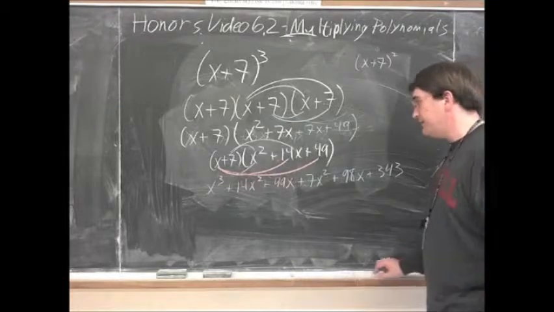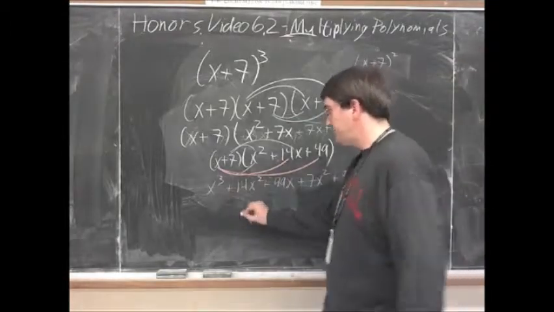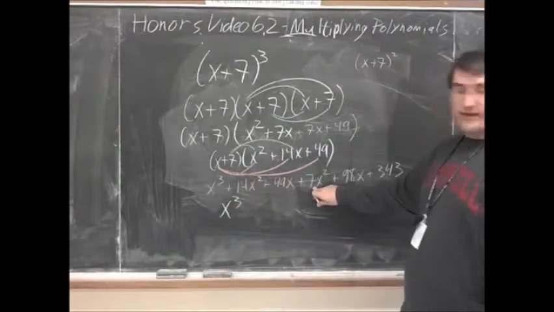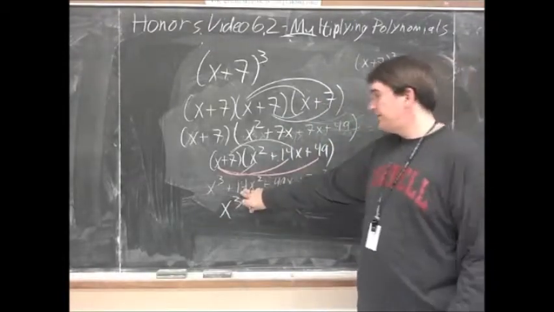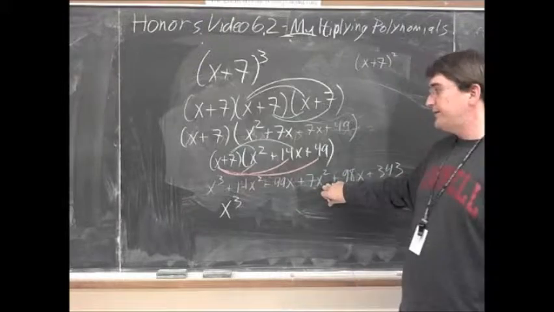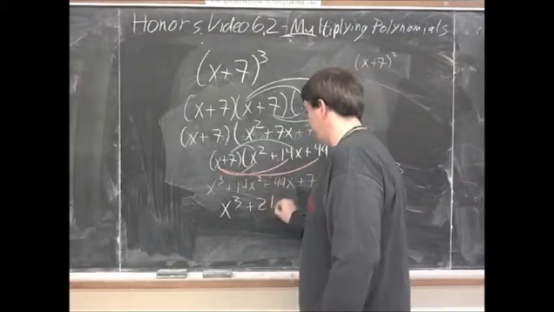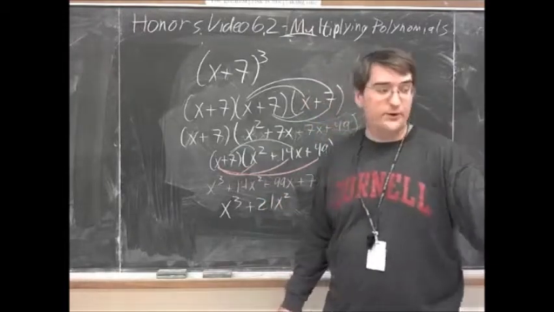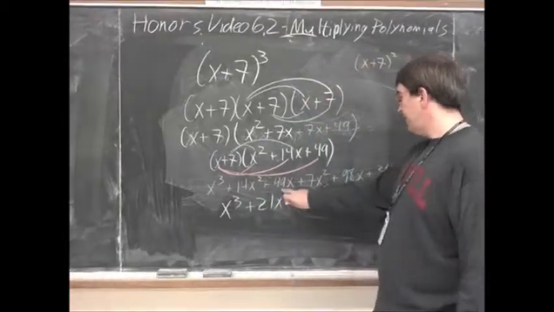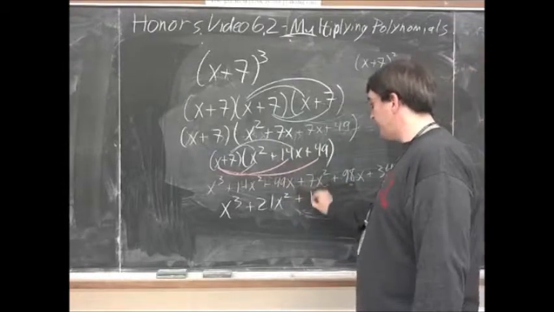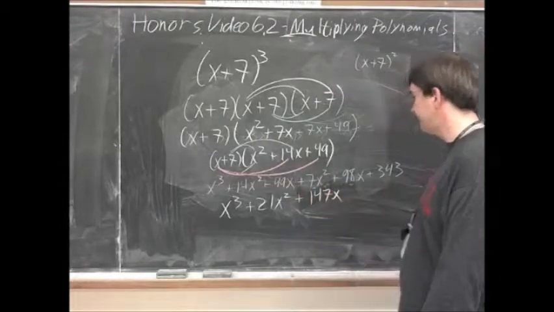And now I can combine like terms. x cubed doesn't combine with anything, that's just x cubed. 14x squared plus 7x squared is equal to 21x squared. 49x plus 98x, that's 147x.